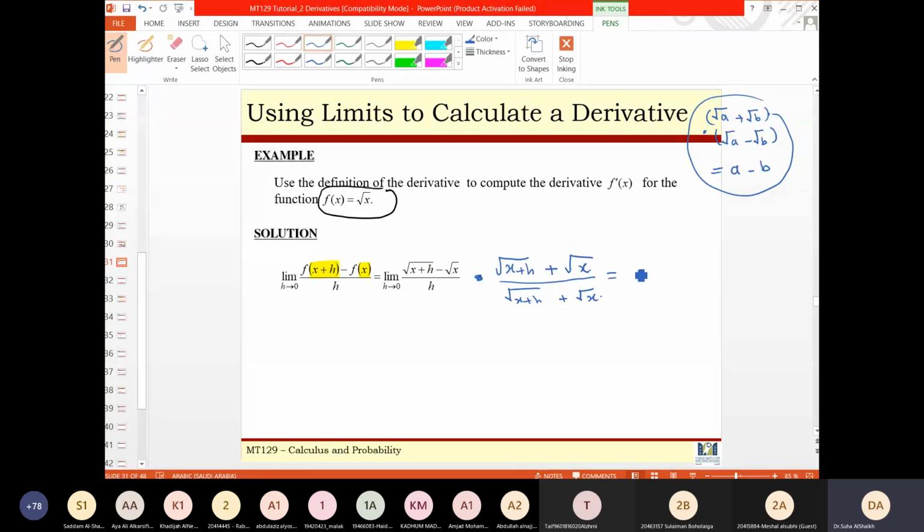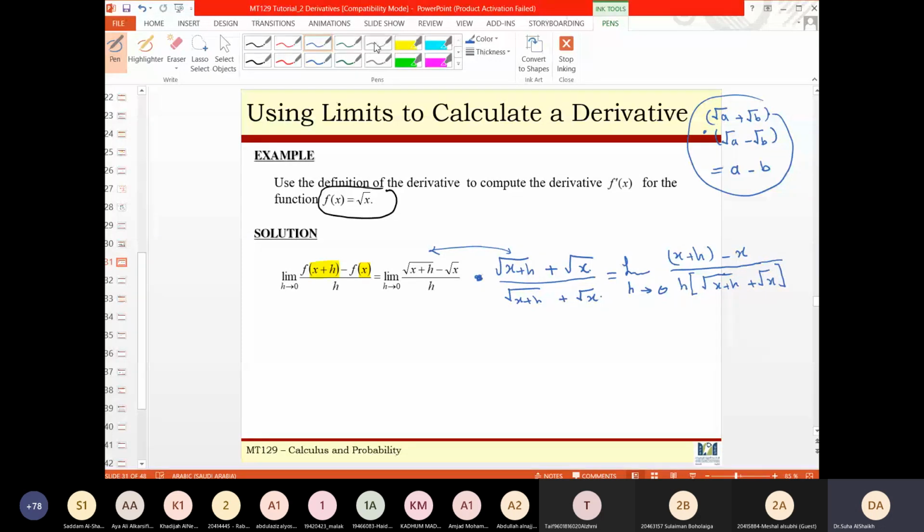So we multiply this with this, the result is x plus h minus x, all divided by, I have to add the limit here. Don't forget to add the limit. This is the limit when h goes to 0. When we multiply this with this, the amount that we get is x plus h minus x, all divided by h multiplied with the root of x plus h plus the root of x.